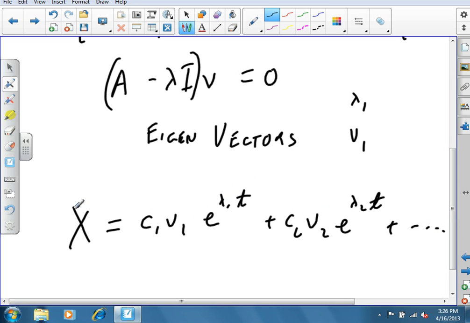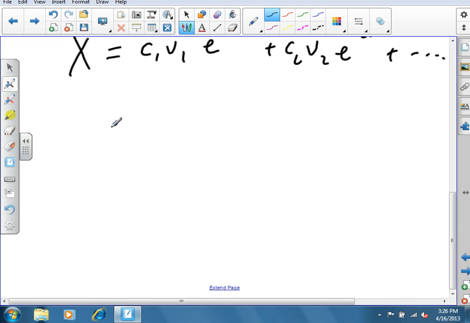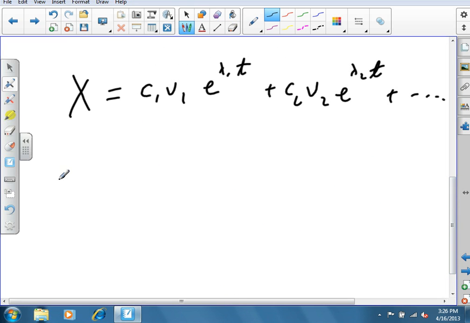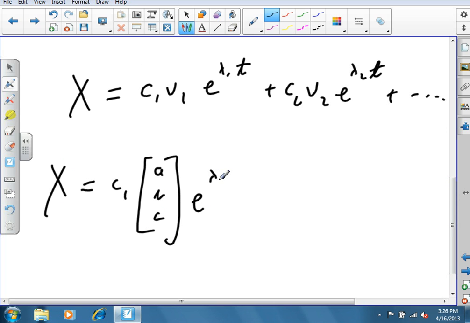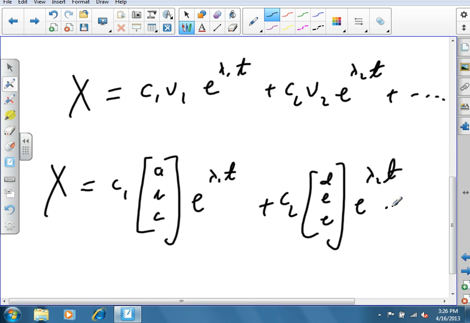But this value X is not just one thing. This is going to be multiple things. So I could look at this as X is equal to c1, well, my eigenvector could be (a, b, c) if I'm 3 by 3, e to the lambda 1 t, plus c2 (d, e, f) e to the lambda 2 t, plus c3 (g, h, i), whatever they are, e to the lambda 3 t.